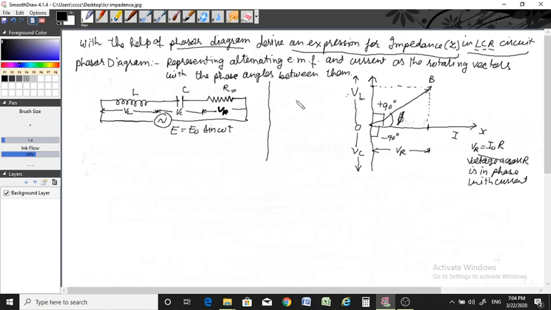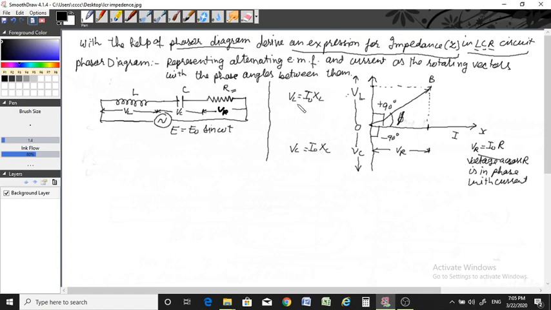VL will be equal to I naught XL, and VC is equal to I naught XC.